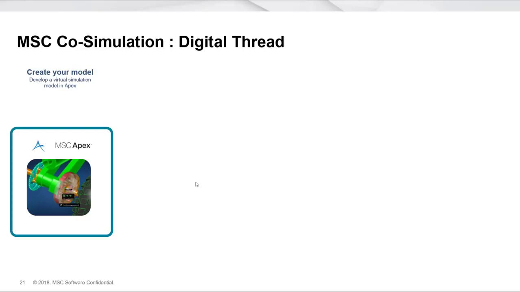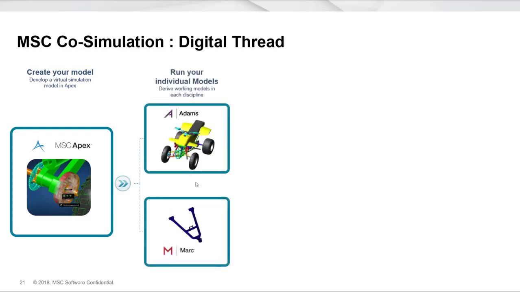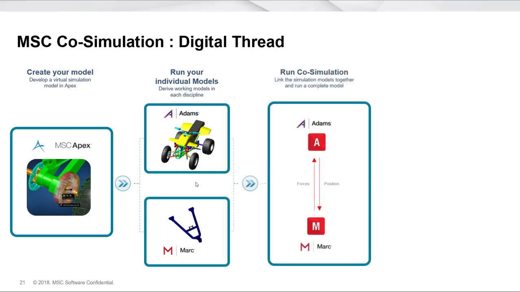Right, so in this particular example, we can create an Adams model with one team and a Marc model with another team. The way we've connected these does support that parallel working environment. We can then create these individual models, get them working in their individual disciplines, and then link them together with co-simulation in that iterative loop.